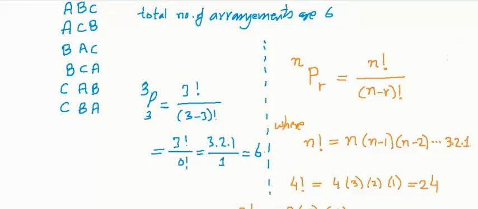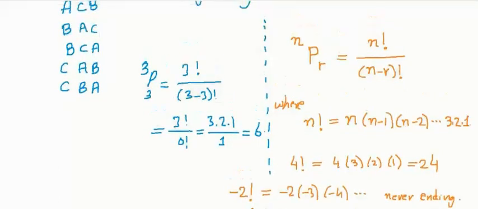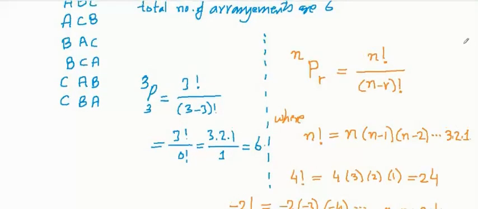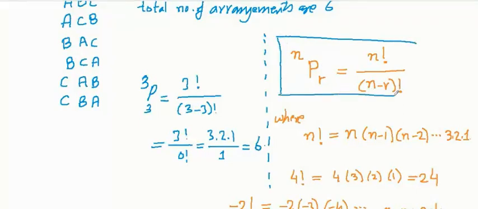Now, additional information: whenever we have n objects given to us, and we are shuffling all n objects, which means we have to arrange them all, then instead of using the formula nPr, we can apply a short formula, which is n factorial. Here we are arranging 3 items, so why not just do 3 factorial?